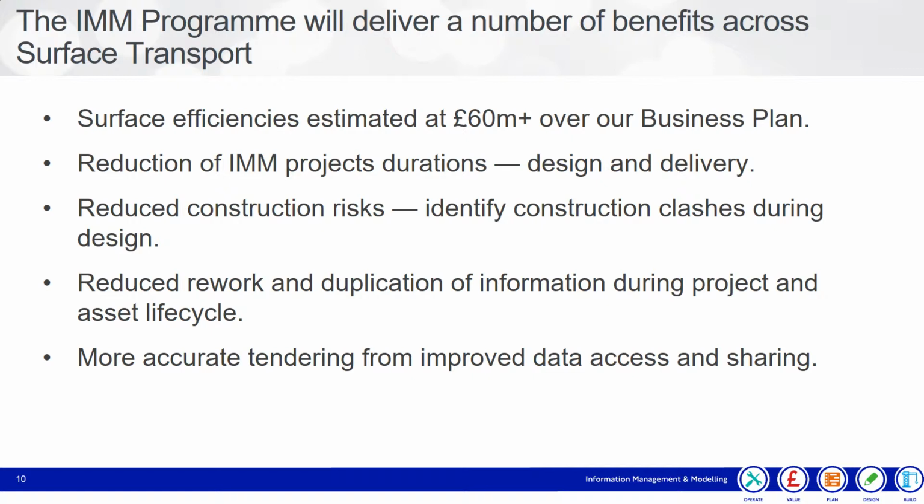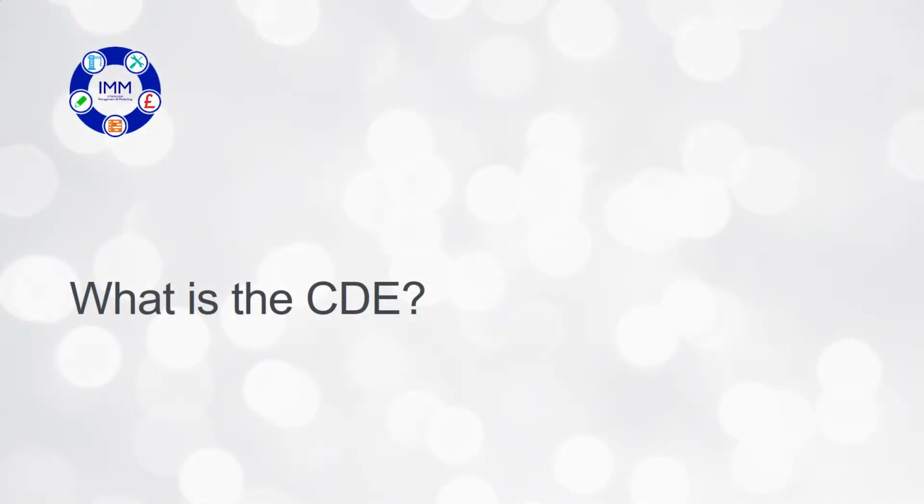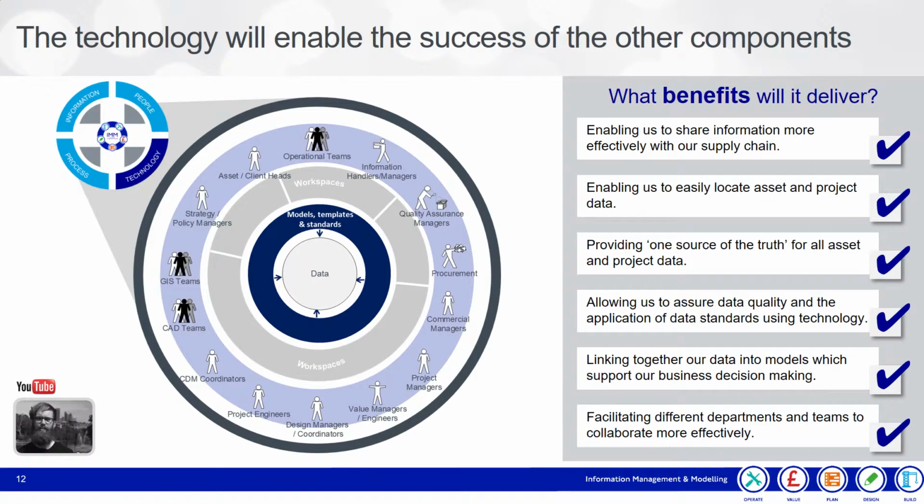Next, let's move on to explain a bit more about what the CDE is. The CDE can and will be used by all roles in TfL and will affect internal team members and the supply chain.